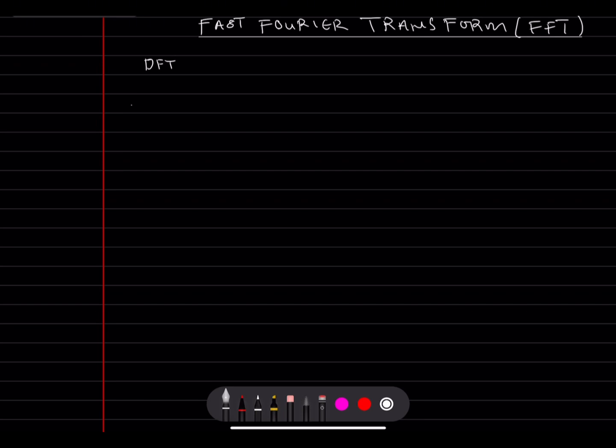So first of all, the FFT algorithm improves efficiency. That is, the FFT algorithm reduces the computational complexity of calculating the DFT for various signals, right? So we are going to show you how this method is able to reduce the complexity in calculating the DFT. And also, as I said earlier on, it is based on the divide and conquer approach, right?